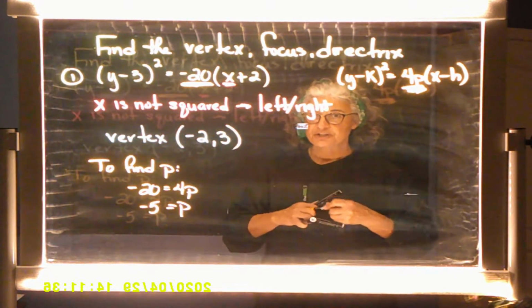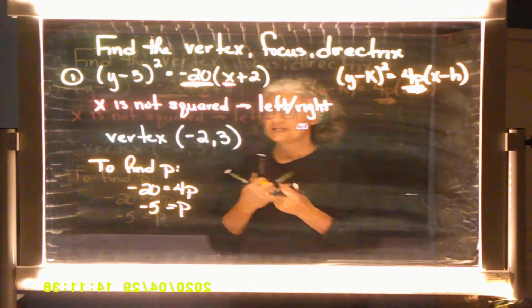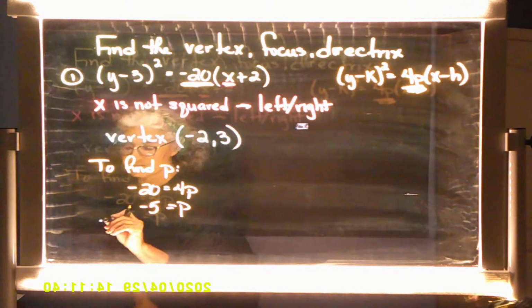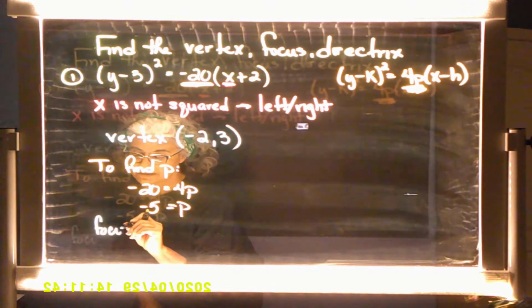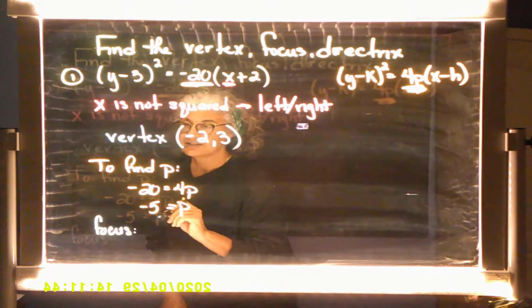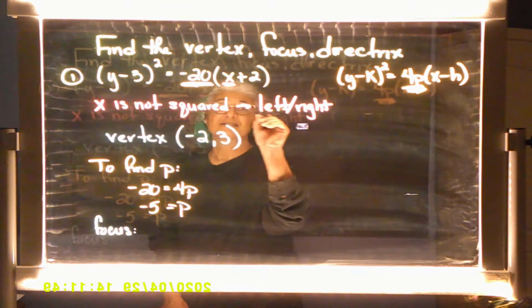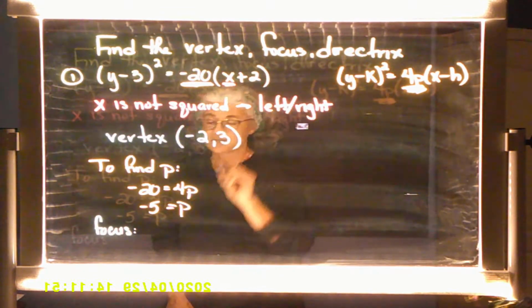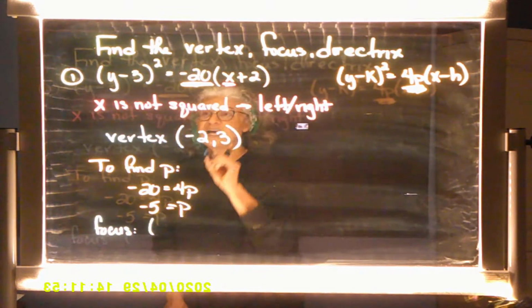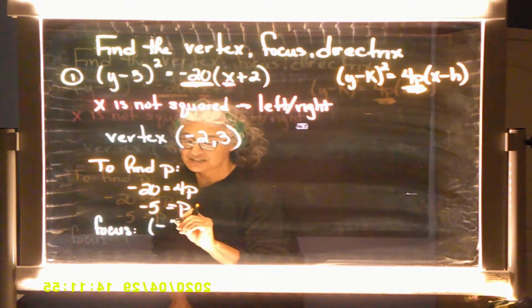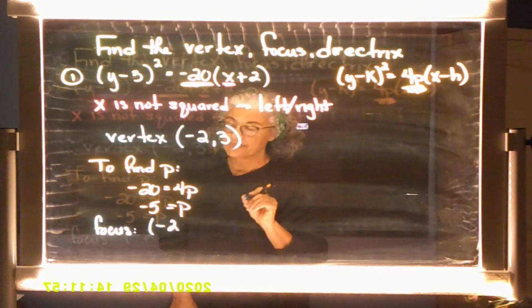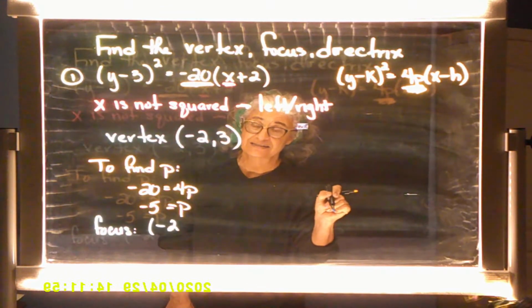Good? So, that means to find the focus, remember which coordinate's moving? Good, the x, because the x is not squared, that means it's going left or right. So that means I'm going to have h, which is -2, and the focus is always inside, isn't it?